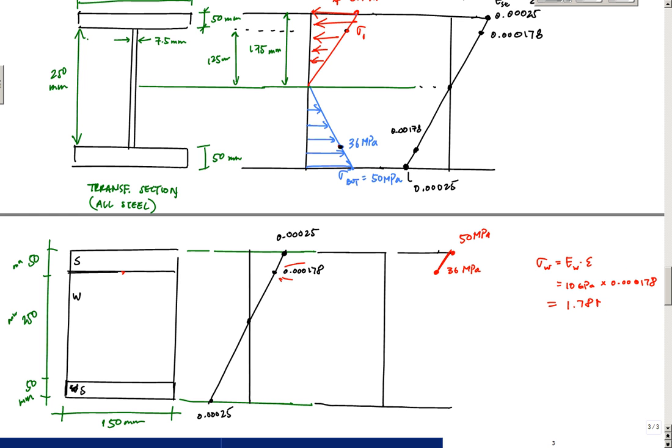Okay, so if you just do the units conversion right here. So really what that means is that my stress right here at the transition of the material, at that point, is 1.78 megapascals.